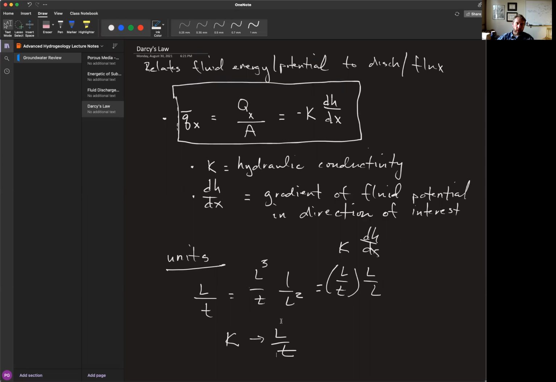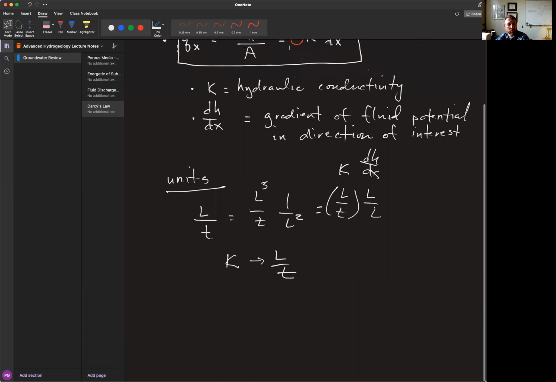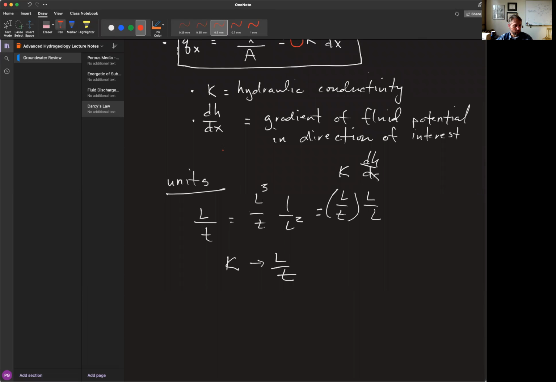All right, the next thing we're going to get to is this pesky negative. And this negative just throws people for fits for a while, and so I think maybe the best way to try and tackle this problem is just to consider a head gradient. So let's say we're at the land surface here. I've got a couple wells.